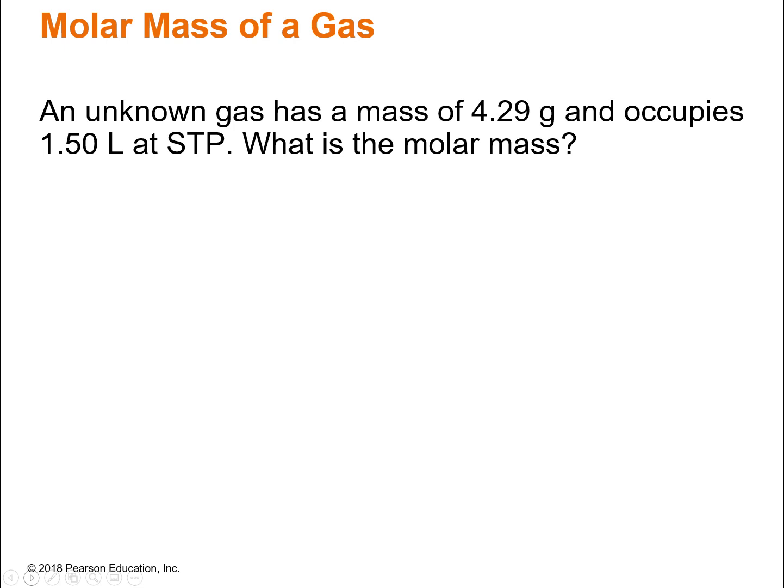So we'll do practice in class, but I'll show you how to do it now. You've got an unknown gas. There's a mass of 4.29 grams, and it occupies 1.50 liters at STP. We need to figure out the molar mass.